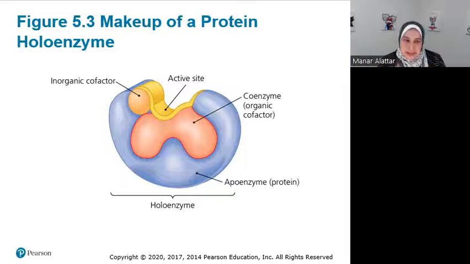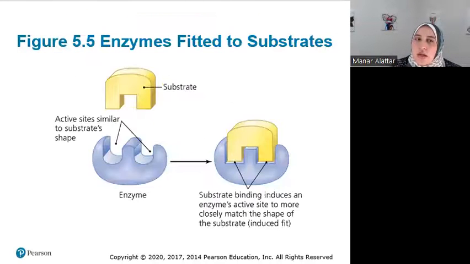Speaking of interactions, the way that enzymes interact with their substrate is called induced fit. Okay. And oftentimes what your textbook will show you is a very specifically shaped substrate that connects with a very specific lock and key type format of an enzyme. But like we said, it's not just the shape, it's also the interactions.